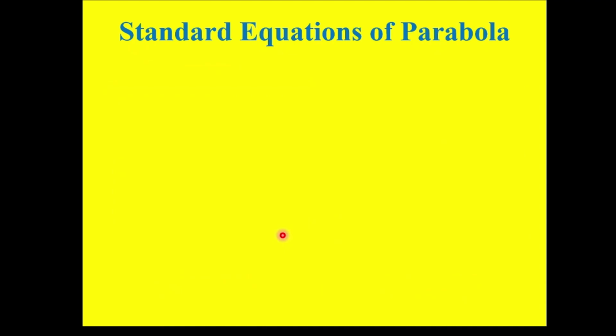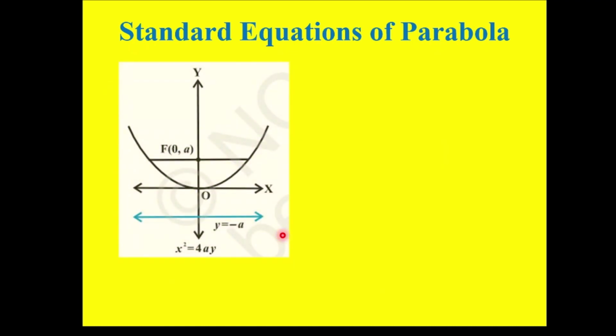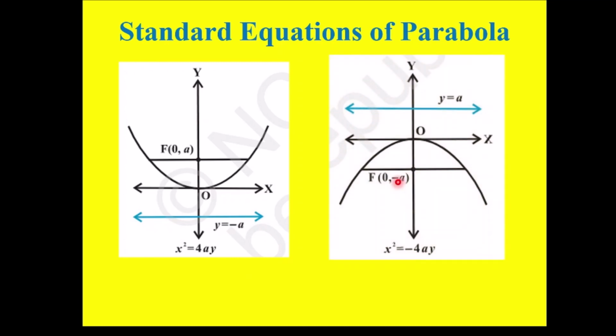Similarly, the focus could be on the y axis also. Its focus is on the y axis and the vertex is at the origin, because we are supposed to discuss the standard equations. In that case, it is x square equal to 4ay, and when the focus is at (0, minus a), then it would be x square equal to minus 4ay.